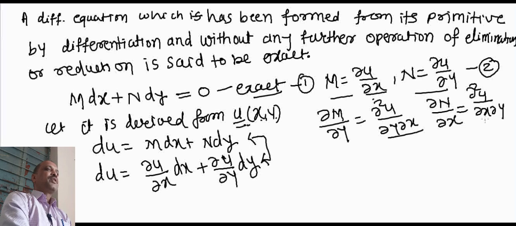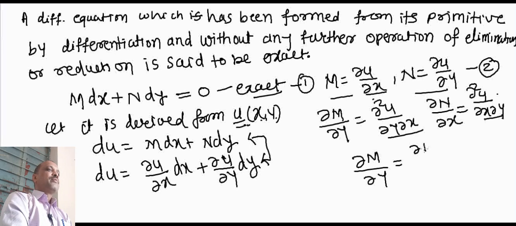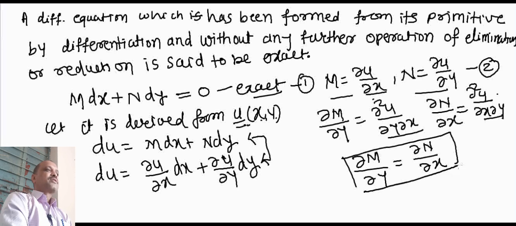But del 2u by del y del x and del 2u by del x del y are equal, and therefore del M by del y equals del N by del x.